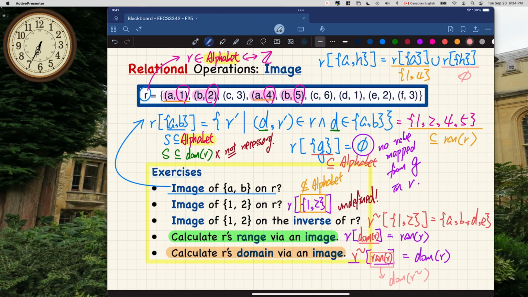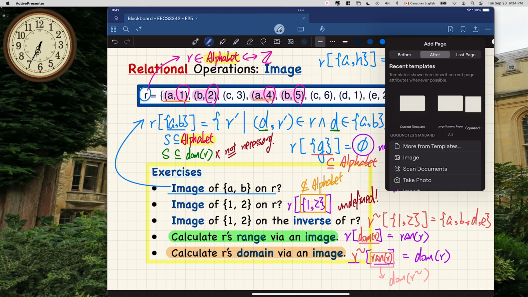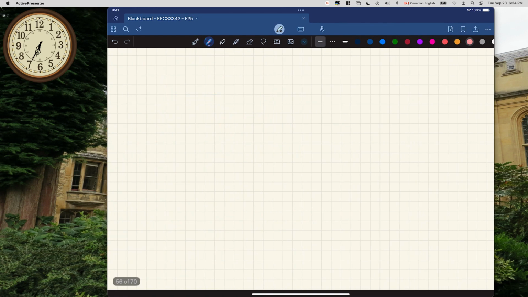All right, the next one. The next one we got domain, restriction, and subtraction. Let me talk about all four of them. Okay, let's make some assumptions here.